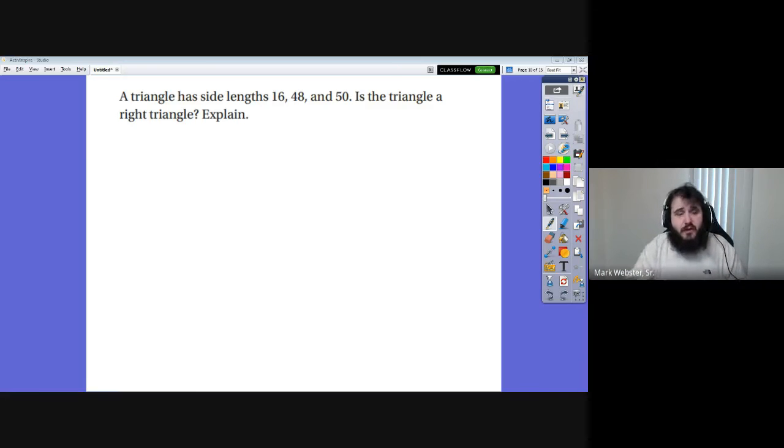Okay, so let's go over this. Is this a right triangle? Well, once again, we're going to do the exact same thing. We're going to say, hey, what's 16 squared? What's 48 squared? What do they add up to? And is that the same as 50 squared?